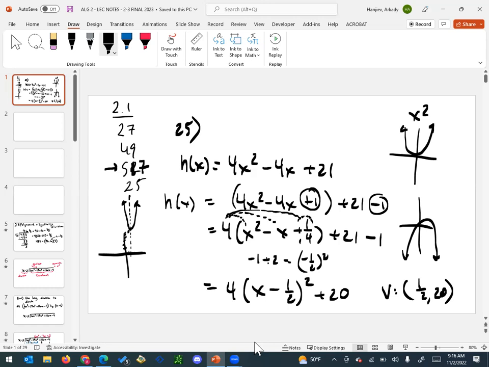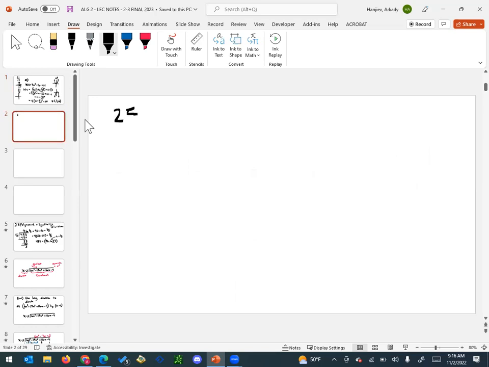Can I do it the short way? This one was the last problem we did right before we left, when we were doing this section. That was the long way, so let's go the short way: 4x squared minus 4x plus 21. Remember how we got to this point? I said we didn't have enough time to do the formula, but here it is.